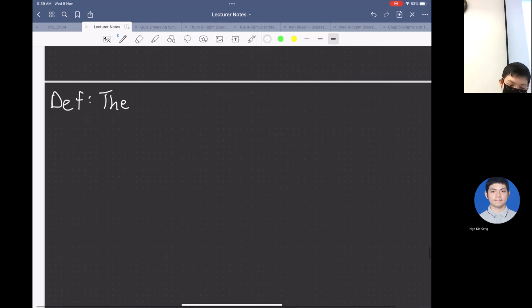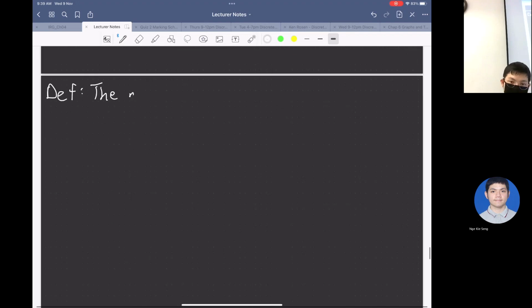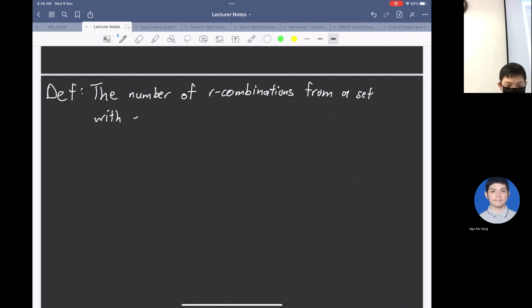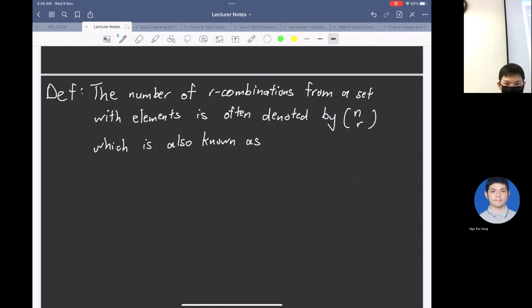Actually, these numbers appear at different places. One place is called the binomial coefficient, often denoted by n choose r.